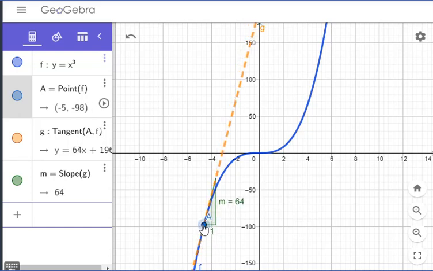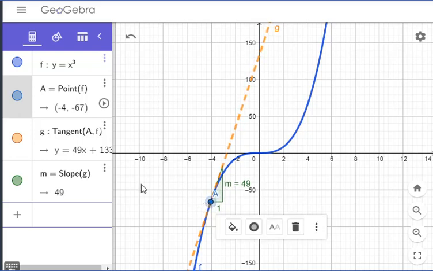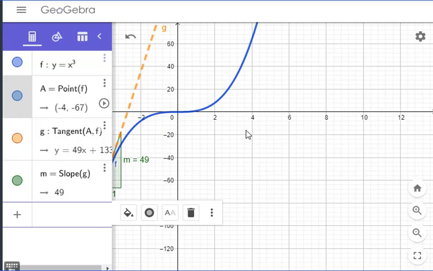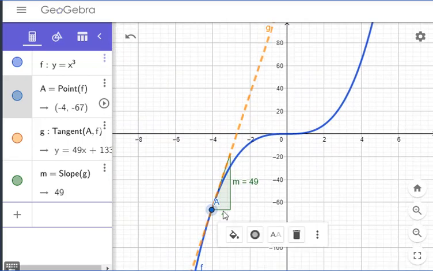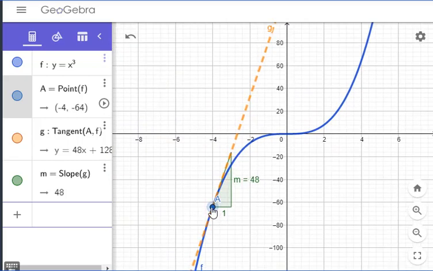When x equals -4, if it's very hard to locate that (-4, -64), you can zoom in. Then it's easy for you to locate. You see, it's (-4, -64).